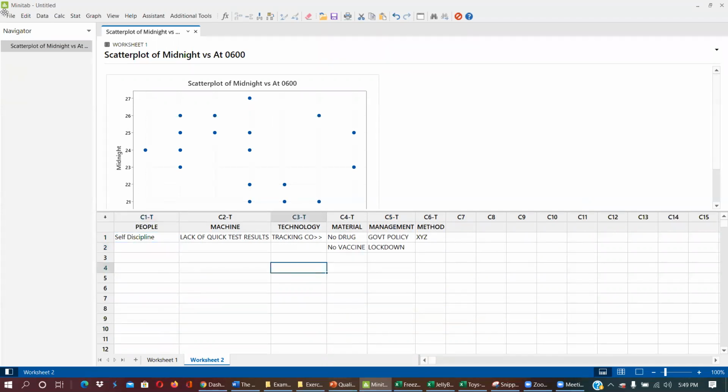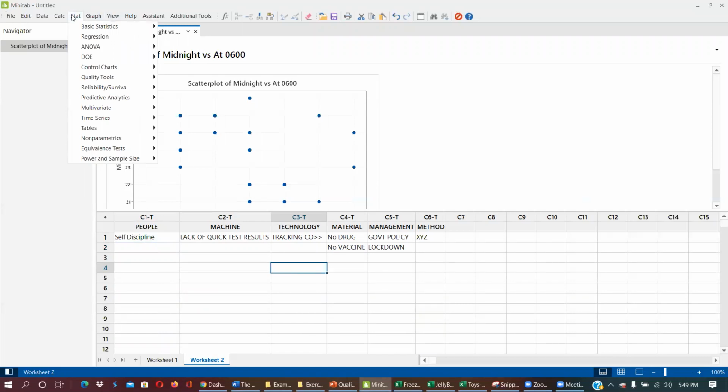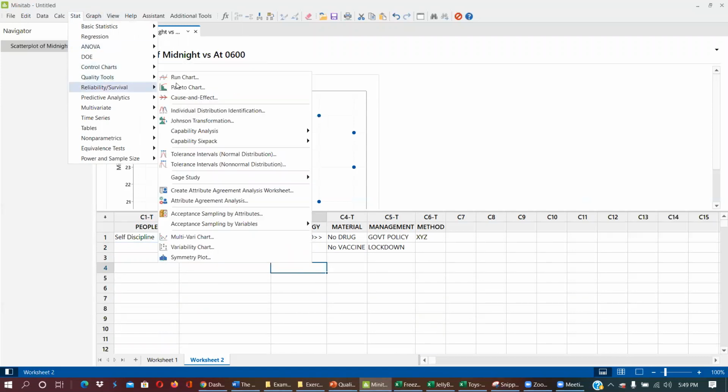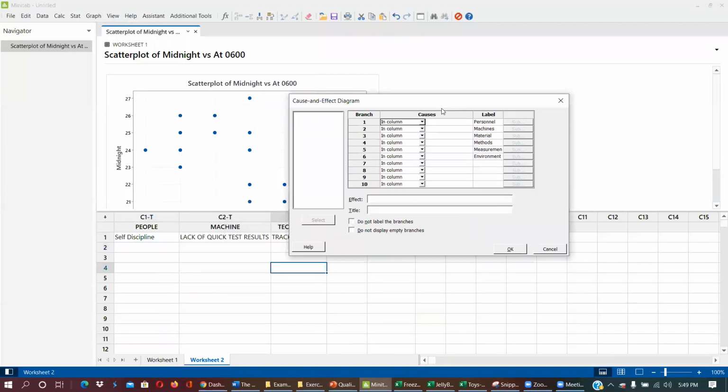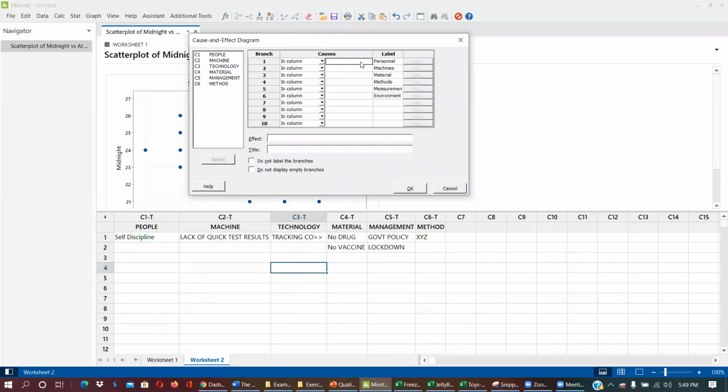Under statistics, here we have quality tools, and where is the cause and effect diagram. So people is in this column. Then machine is here, material is here, method is here, where is measurement? I did not put it.